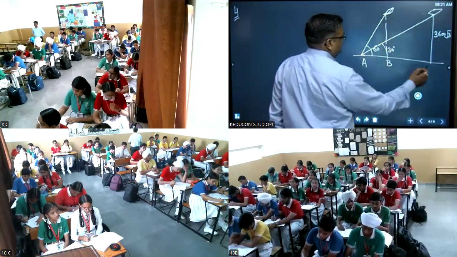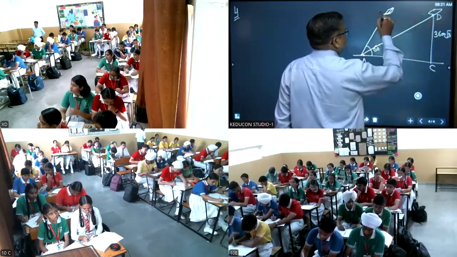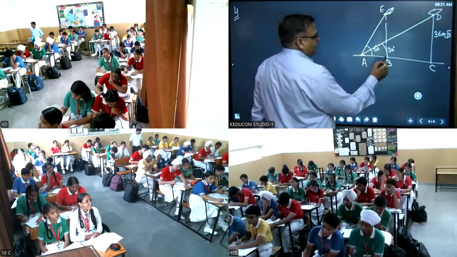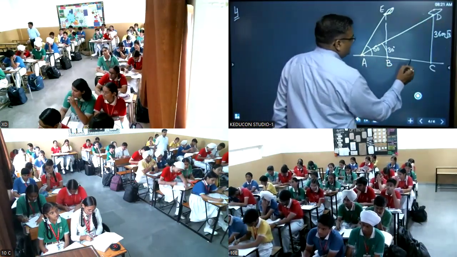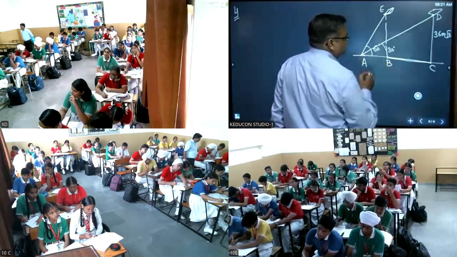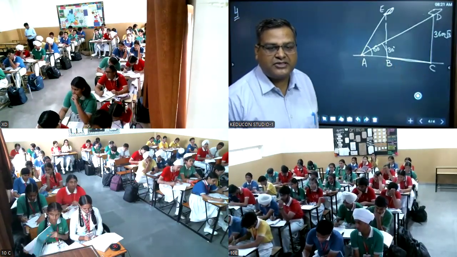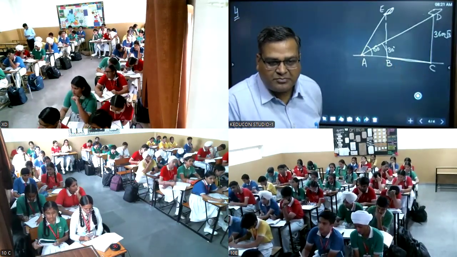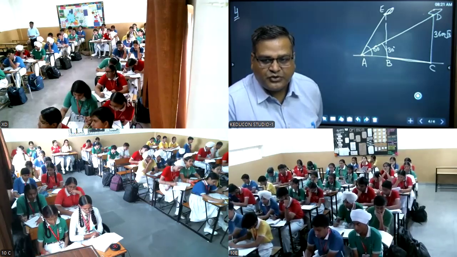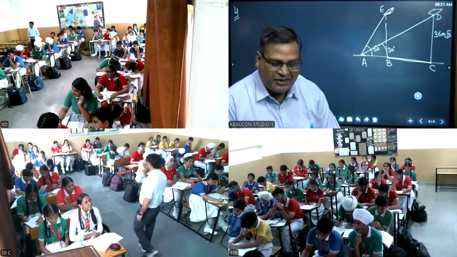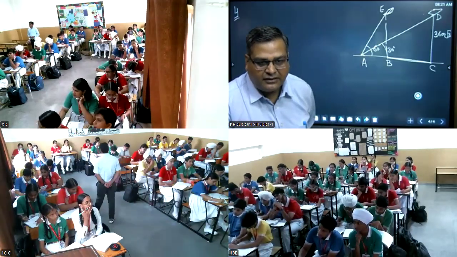Let's say this is B, this is C, this is D. Can we find out this plane has covered the distance equal to BC? Right, ji? If we can find out this BC, we know the speed, we know the time, so we can find out the speed. So speed we have to find out of the jet plane.